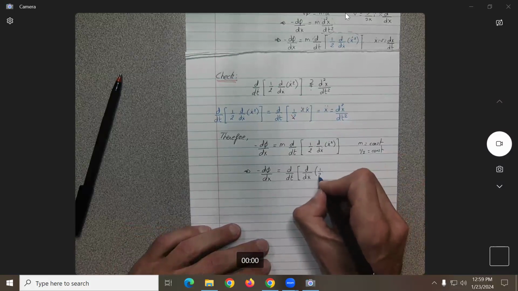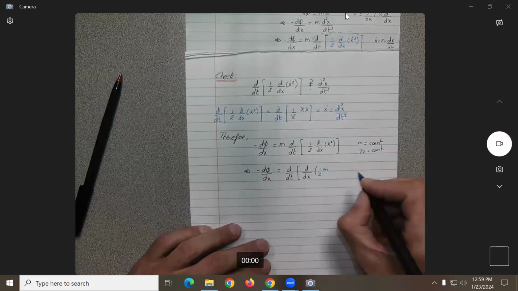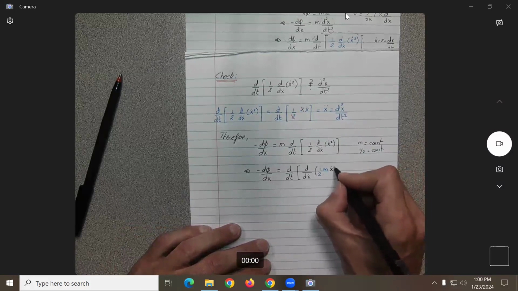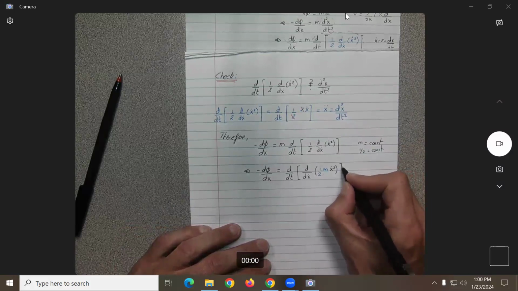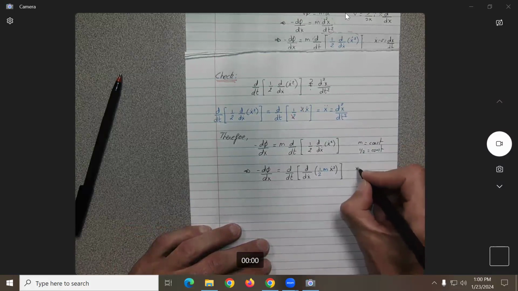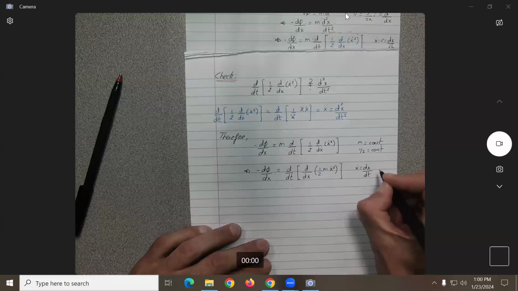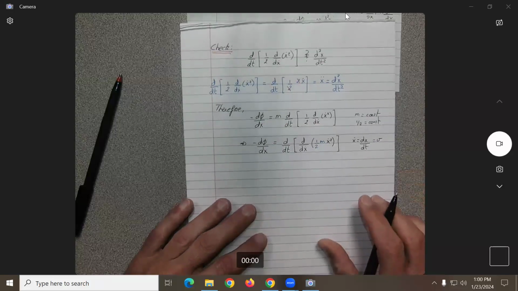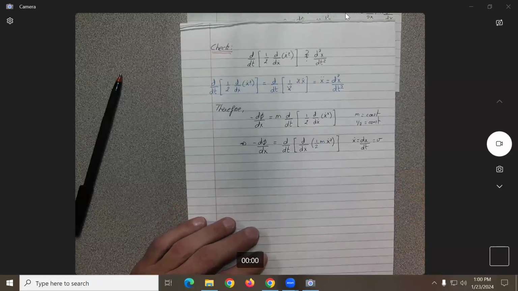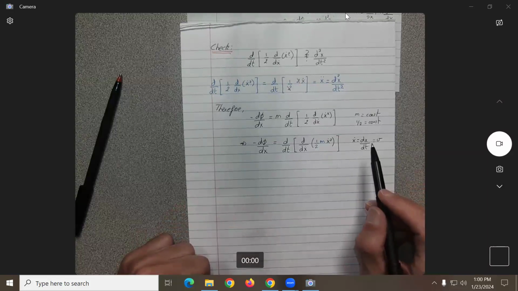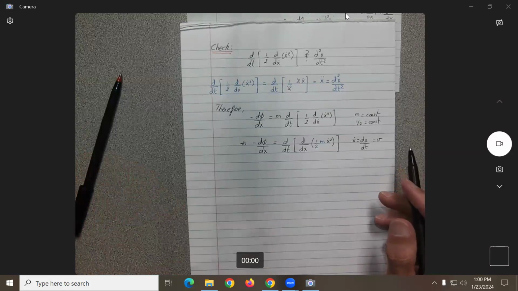1/2 m x dot squared. And what is x dot? It is v, no? So really, what is 1/2 mv squared? What is really the physical meaning of this term? It's kinetic energy, no?